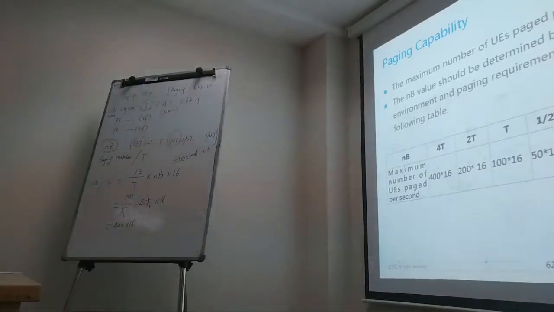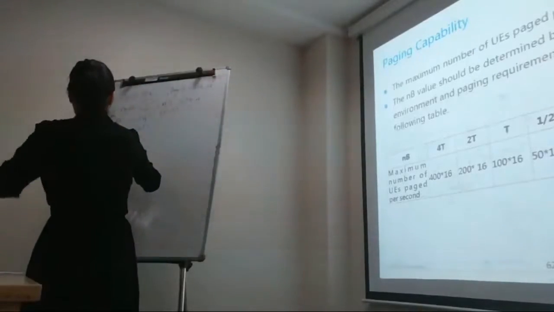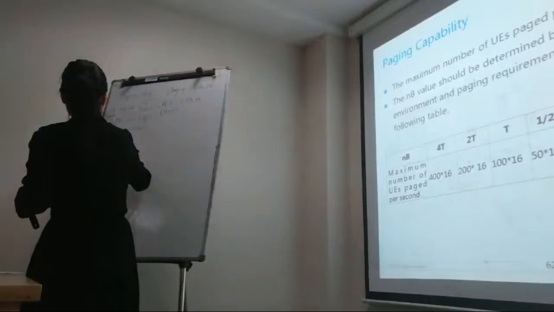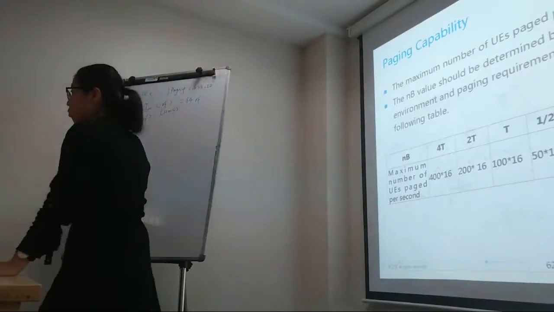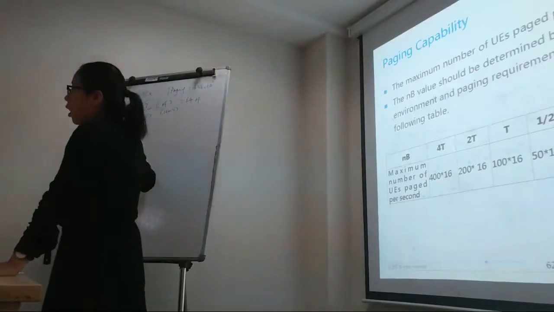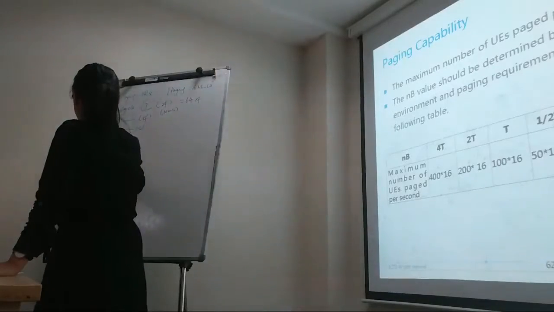So when we talk about paging, usually for MT access, for example the access success rate, it actually has MO success and MT success.